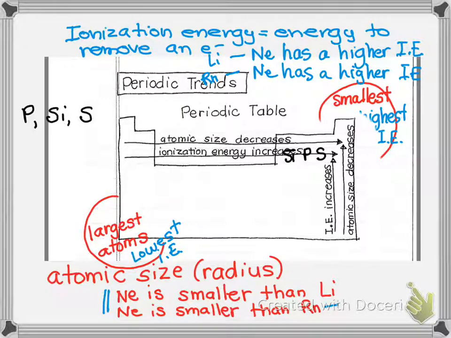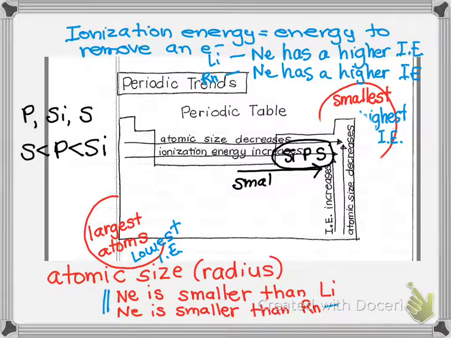If the question was, arrange the elements in order of decreasing size, who's the smallest in this group? It would be sulfur, right? So sulfur is smaller than phosphorus, which is smaller than silicon, because the size gets smaller across. This is the order of the size.